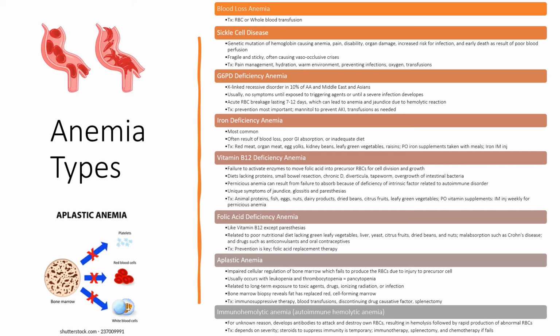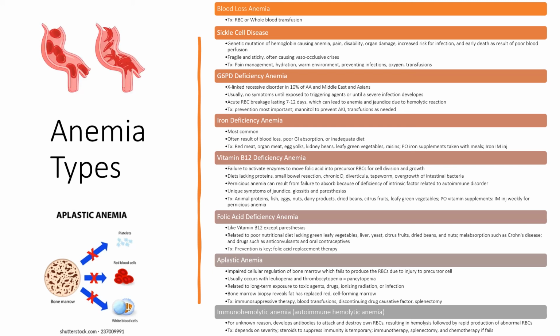And then last, we have immunohemolytic anemia, also known as autoimmune hemolytic anemia. But for both of these, hemolytic is in the name. So remember, hemolysis, the cell is breaking apart. Now, due to unknown reasons, they still aren't sure, antibodies in these clients' bodies are being created and destroy their own red blood cells.